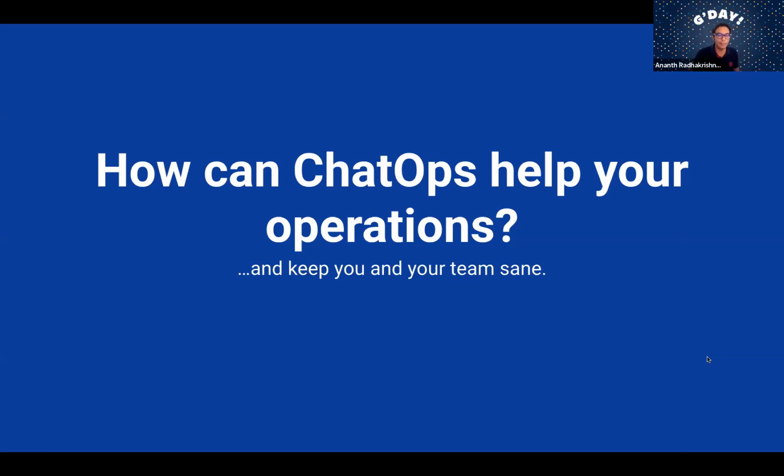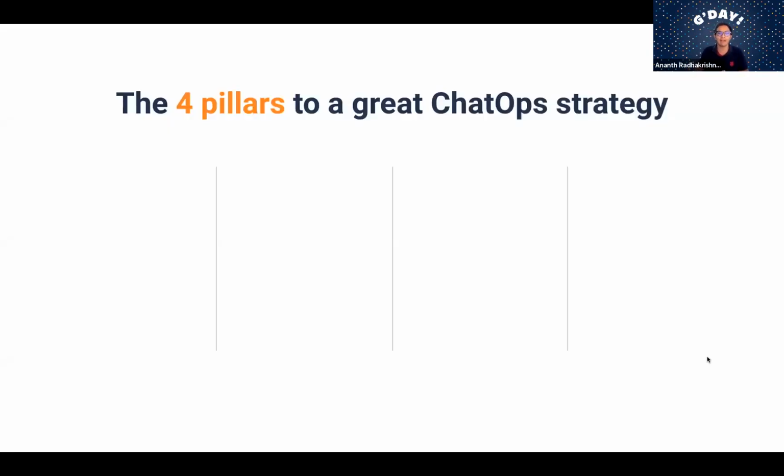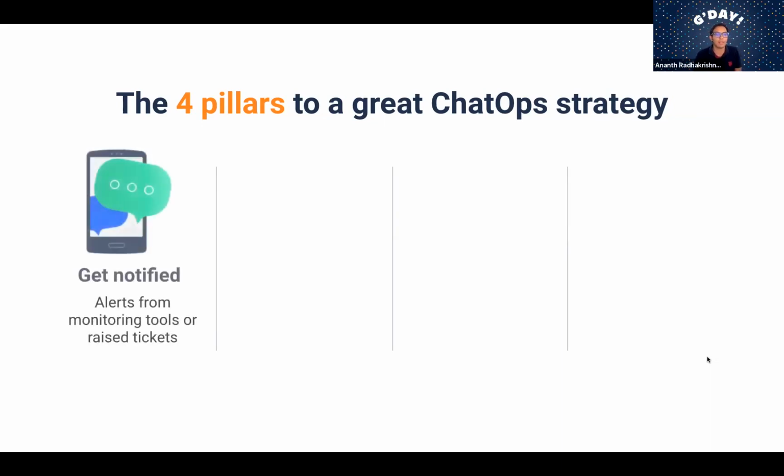So with this primer, let's segue into four pillars that can help you deliver a great ChatOps strategy, right? Now, the first pillar is around getting notified. Given the fact that everyone's working out of Slack and Teams, I think it becomes super critical to know and get notified when there's work happening that you need to be aware of, right?